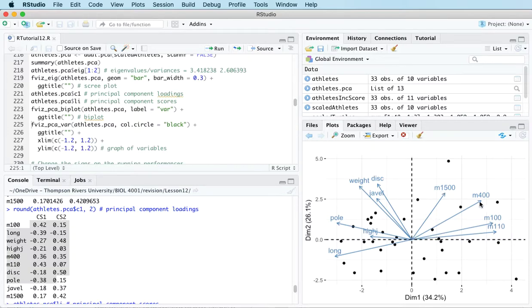These arrows are all pointing in this direction. On the first dimension, they're all pointing to the right. And everything else, the jumping and throwing events, are all pointing to the left. So it makes the interpretation of the two different dimensions a little bit challenging.